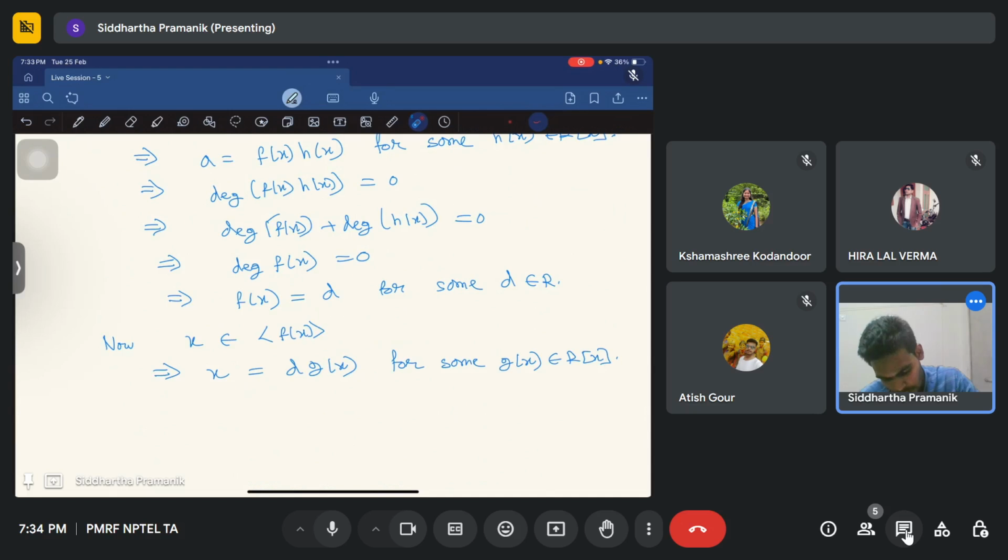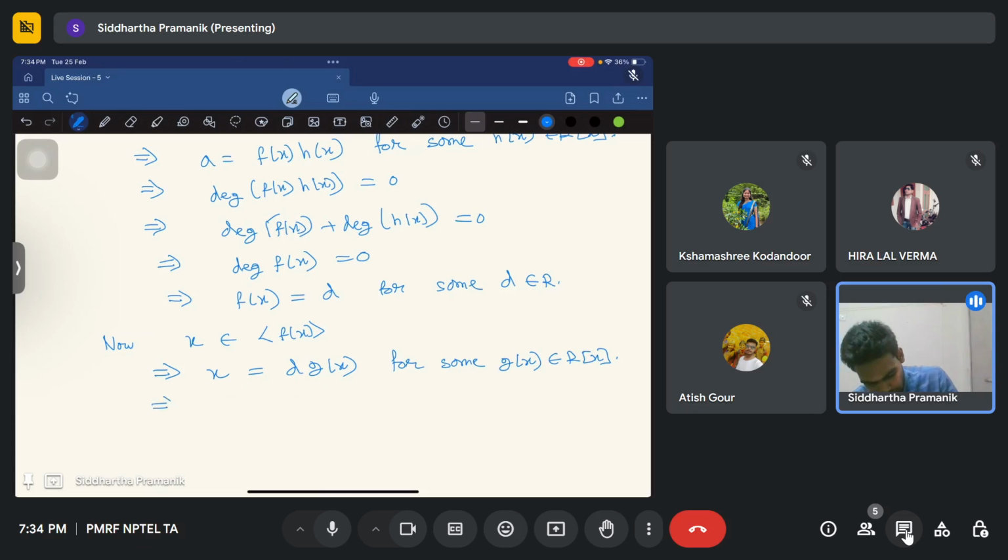Here both sides are polynomials, so you just compare the coefficient of x from both sides.